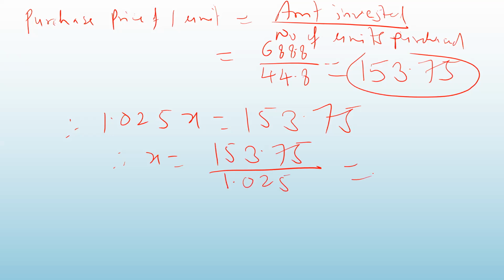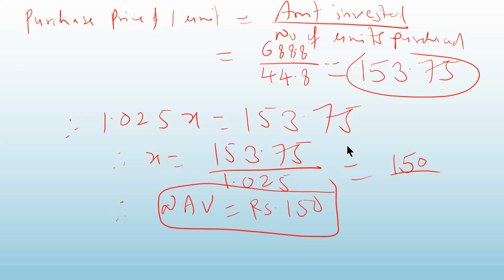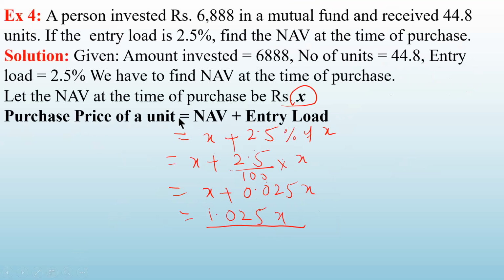How much will you get? You are getting 150. So the value of x is 150. What was our x? It was NAV. So NAV is equal to rupees 150.